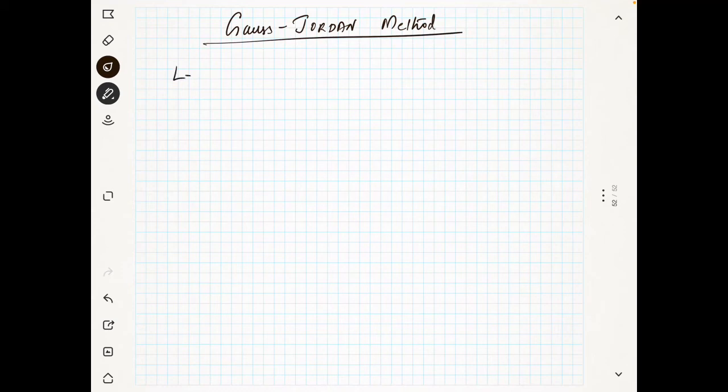So we will talk about now the Gauss-Jordan method. Okay, so this is also used for obtaining the solution to a set of linear equations.